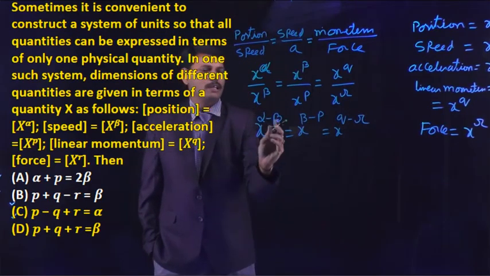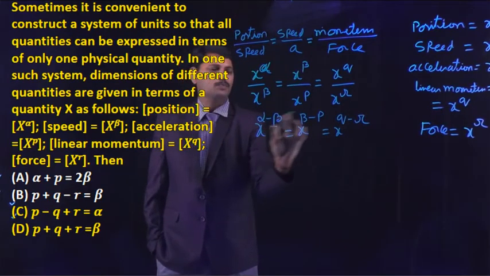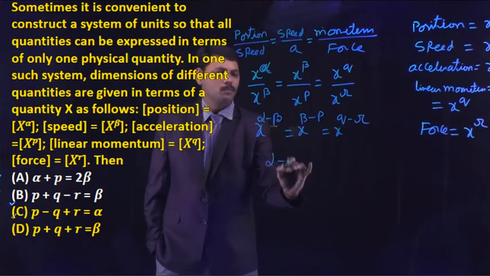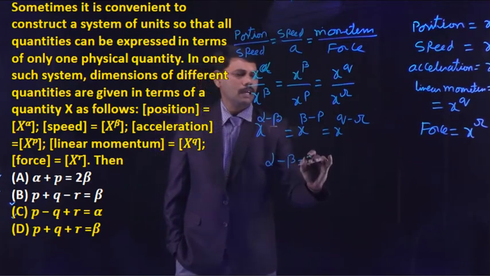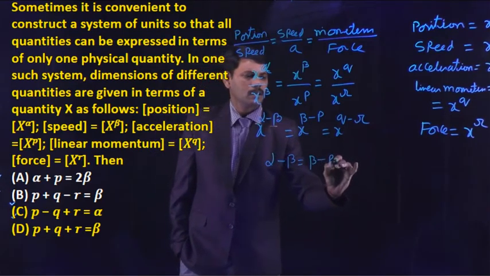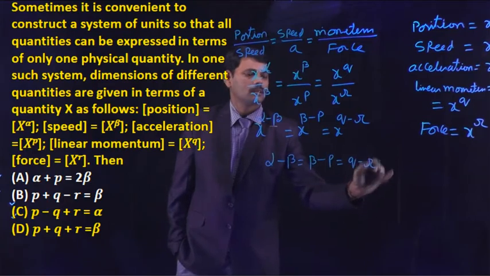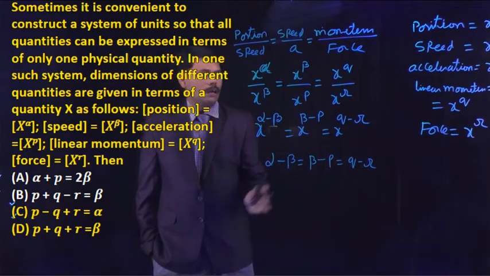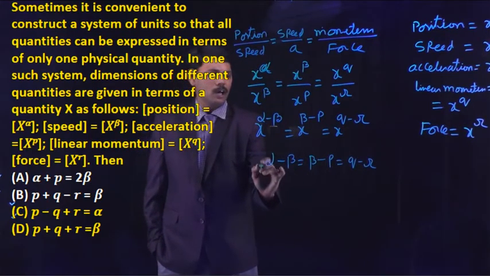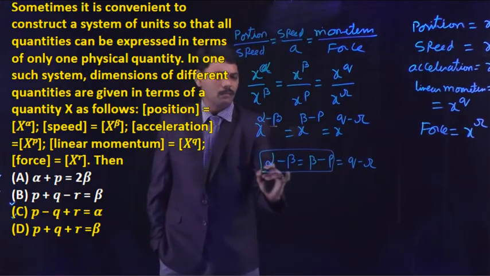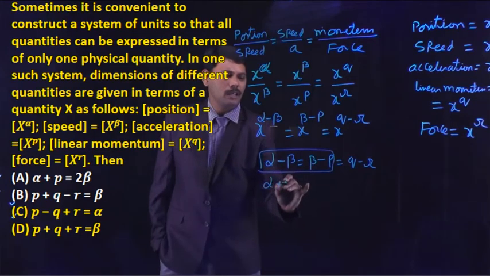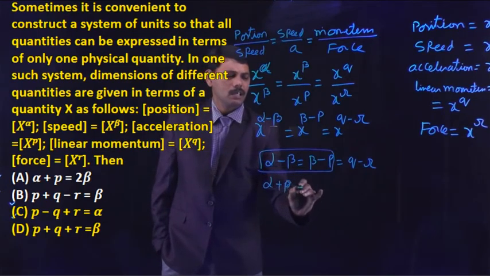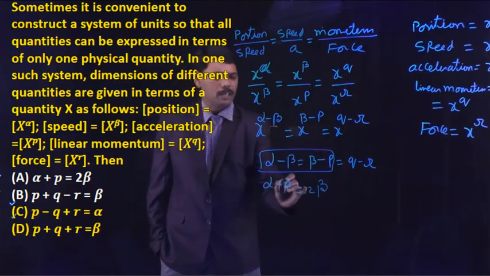By equating the first and second terms, alpha minus beta is equal to beta minus p, so alpha plus p is equal to 2 beta.